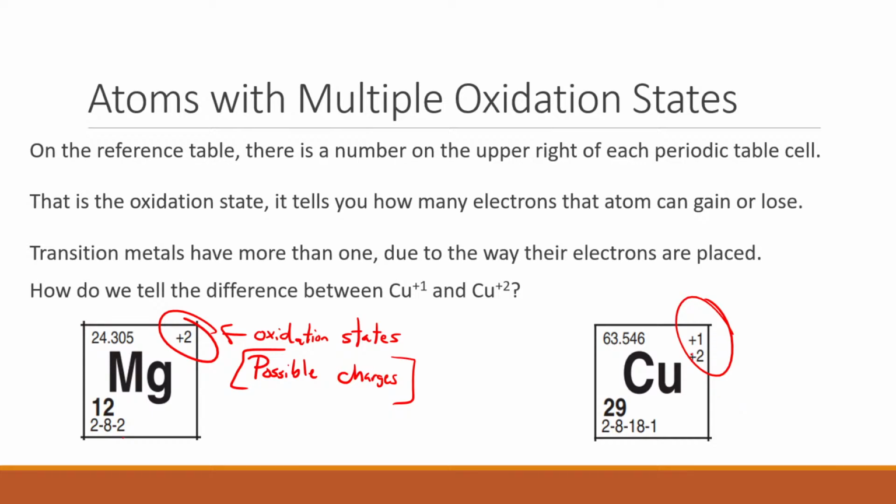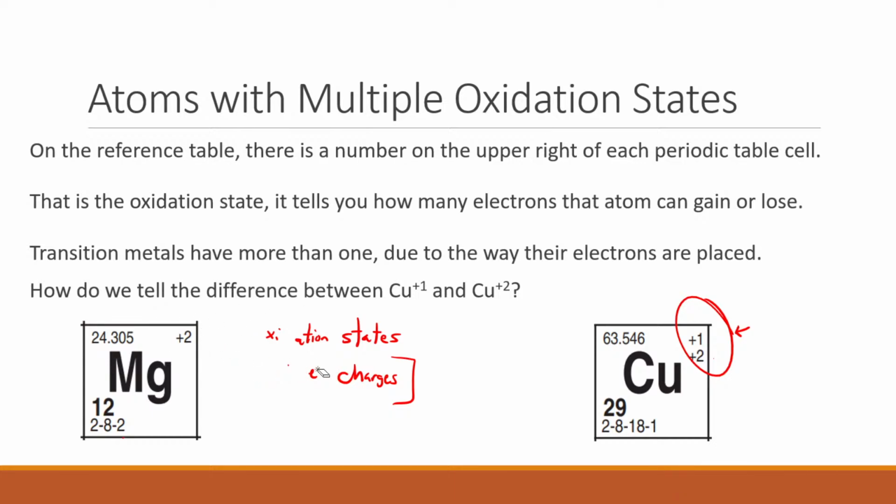We don't have the whole picture because we're not looking at the quantum mechanical model, but that's fine. We don't need the whole picture for what we're going to do. So looking at this, we know that copper has 2 different possible charges. You can have copper with a +1 charge, or you could have copper with a +2 charge.